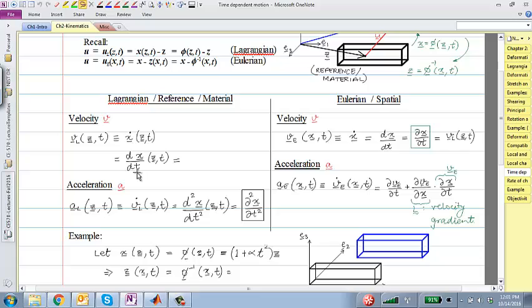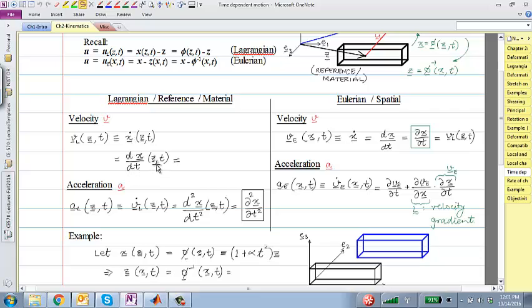We are going to try to write this description of velocity by applying the chain rule to see whether we can describe velocity only in terms of derivatives of Z or T. So this is a total derivative, dx/dt.